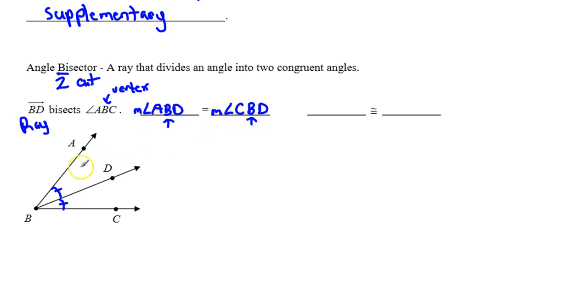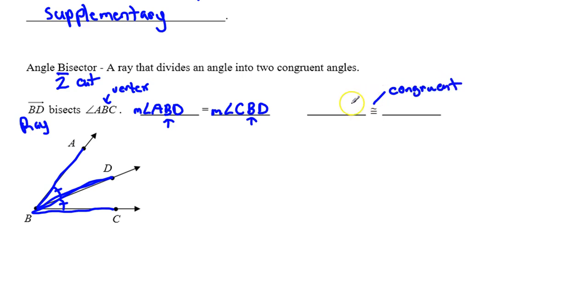Okay. We have two rays there, ABD, and the other one is CBD. That is equal, and when we do equal, we put that little m in front. That means measure. But we also have another symbol over here, the congruent symbol.